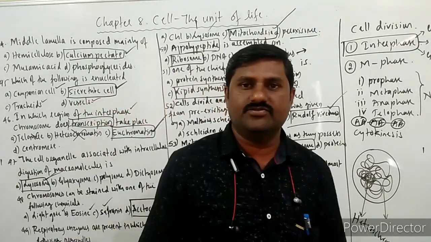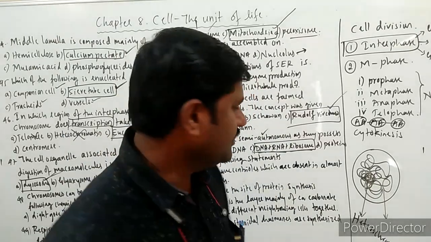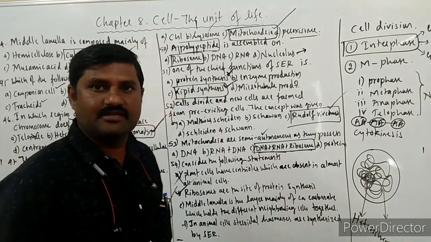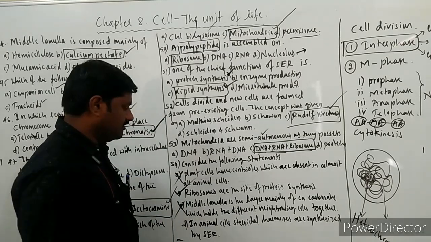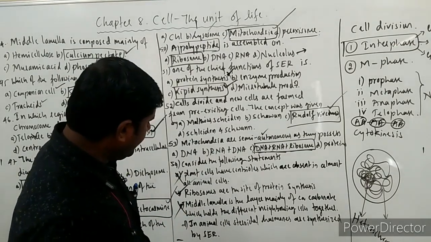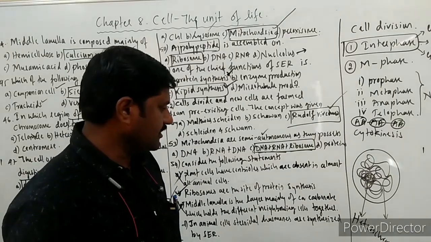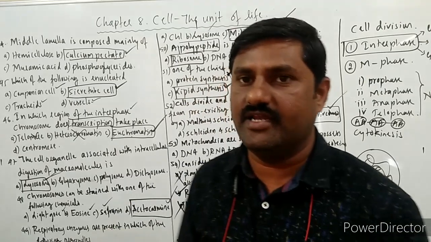It is not made up of calcium carbonate, it is made up of calcium magnesium pectate. That's why this statement is also wrong, right? Option C is wrong. And the next one: in animal cells, steroidal hormones are synthesized by smooth endoplasmic reticulum.